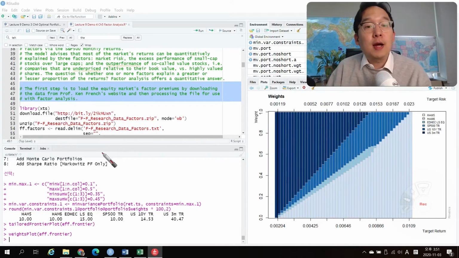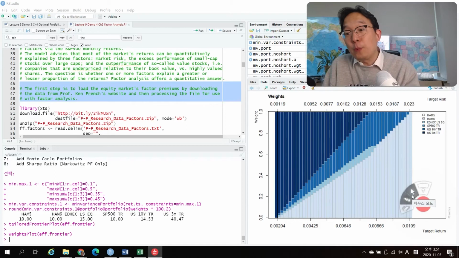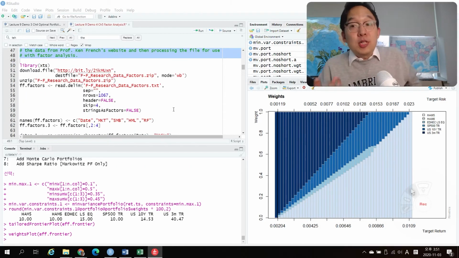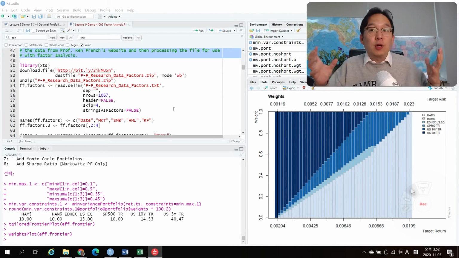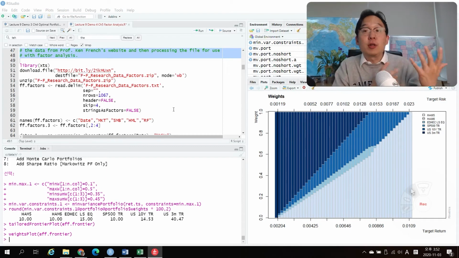Now for this part, I said those long-short portfolios can be constructed, at least in the data, so that they can trace back those portfolio returns and construct the returns of long-short portfolios with respect to size, with respect to book-to-market, and with respect to market versus risk-free rate. You can construct those factors yourself.